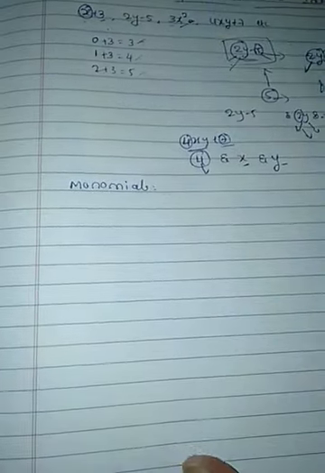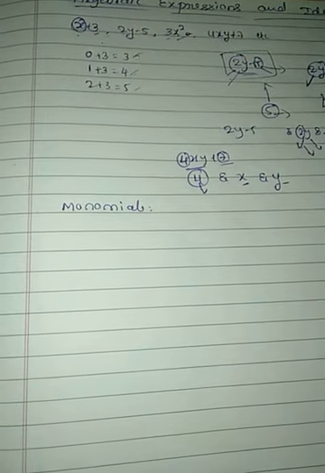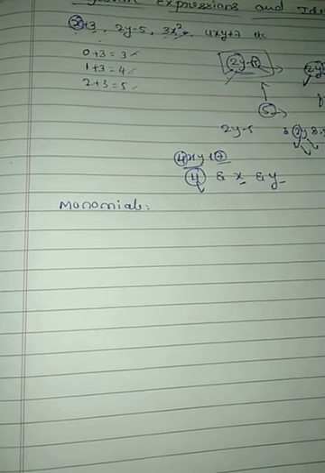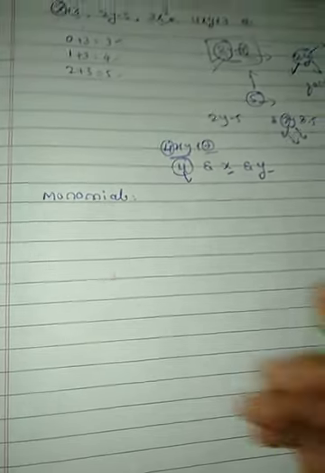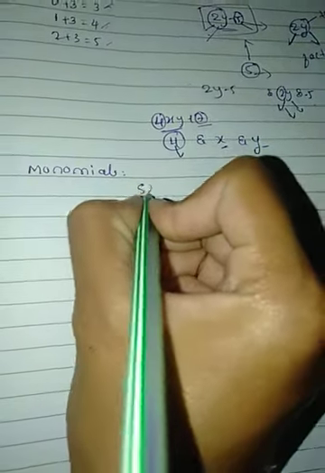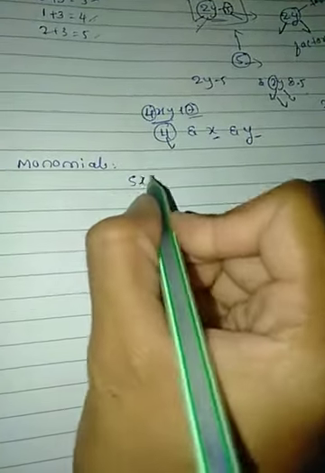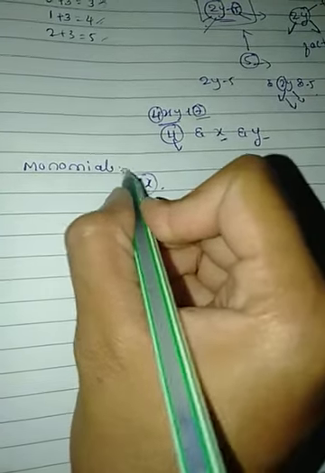What are monomials? If an expression contains only one term, it is called a monomial. For example, take the expression 5x. Here the expression has only one term. This is called a monomial.